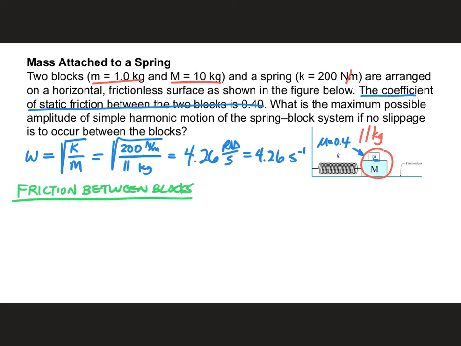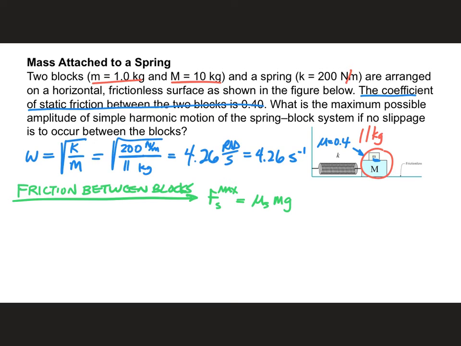All right, and so we do have the fact that the static friction at its max will be the coefficient of static friction times the normal force, which in this case will be the normal force, the mass of the little block, which I'm going to call lowercase m, times g. Remember, normal force is the weight force, mg. All right? So we have that.